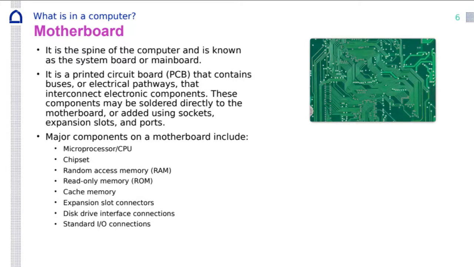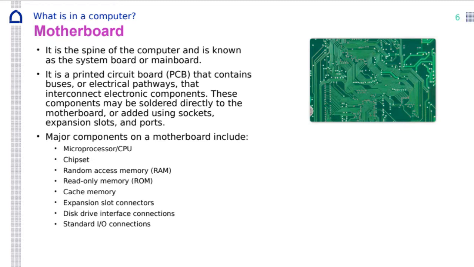And this one contains what? You see these lines? These lines are channels, or buses, to communicate between the parts that are installed on the motherboard. Okay? These components may be soldered, where you use a soldering iron to solder them to the motherboard directly, or you use sockets and expansion slots or ports.